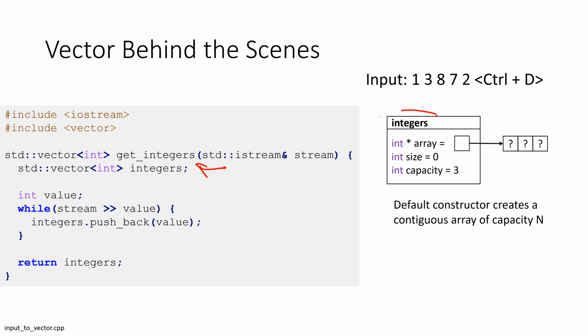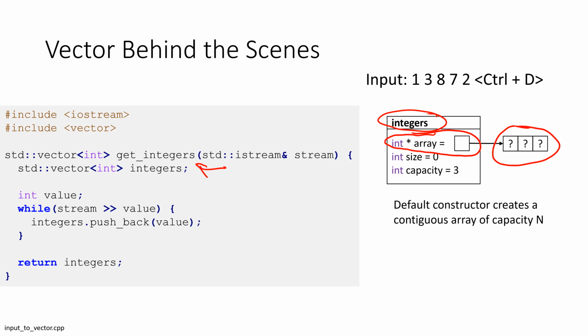Okay, so in memory, I've got this object called integers. And again, you don't need to know this to use vector, but if I now look inside of vector, what I would find is, the reason it works so much like an array is it actually has a dynamically allocated array inside of it. Okay, so there's a pointer. Let's say it's called array, and that pointer points to some storage.